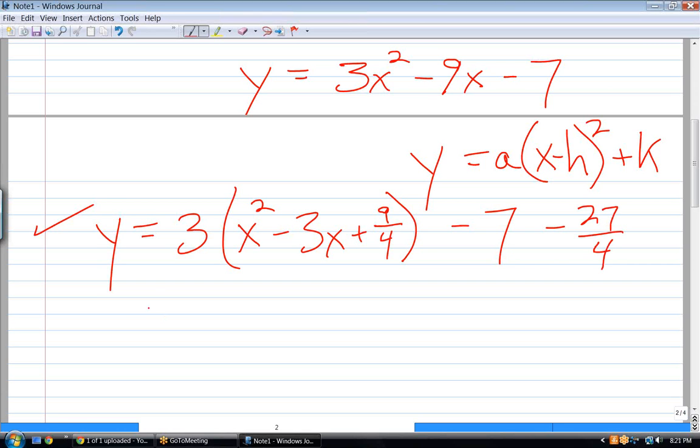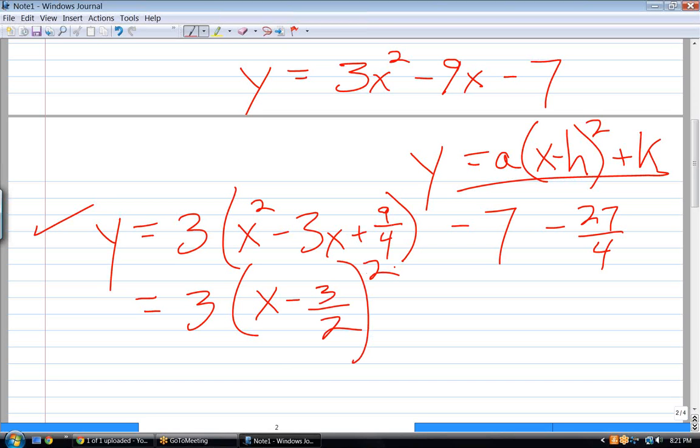Okay, now how can I write it so that it looks closer to that? Y equals 3x minus 9/4. Not the 9/4, the 3 halves. Yes. Because remember, we're squaring it. If you were to square this, your final term is going to be that 9/4. Okay. And then the rest of this is 4 goes into 27, 6 3/4 times.